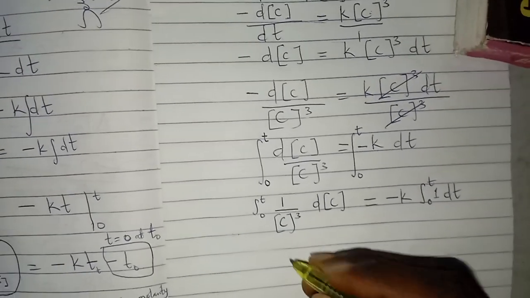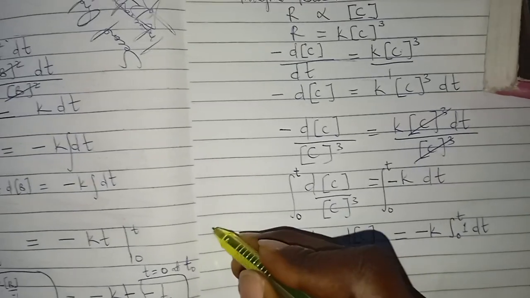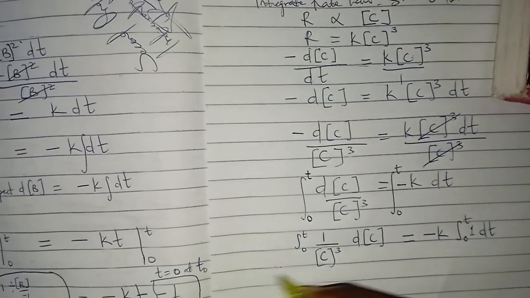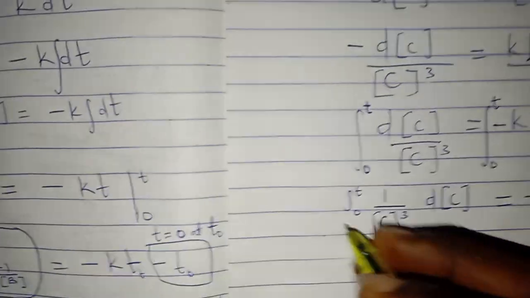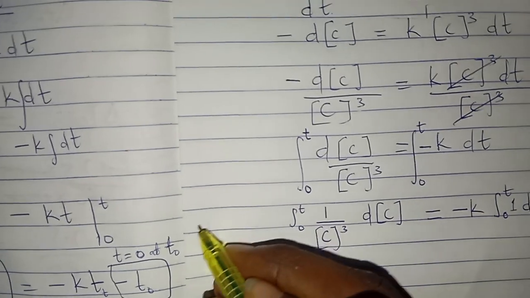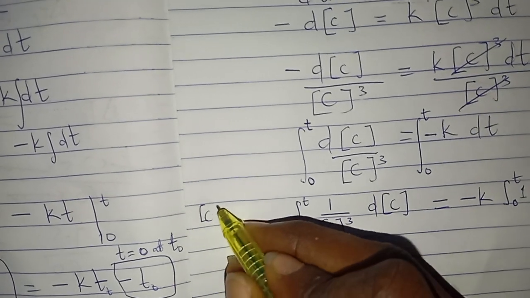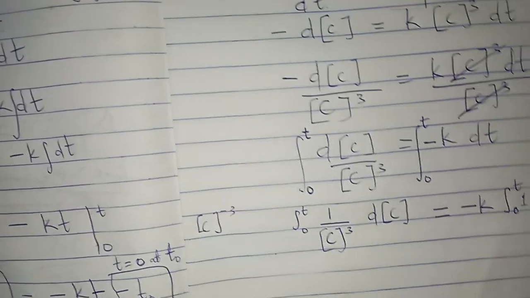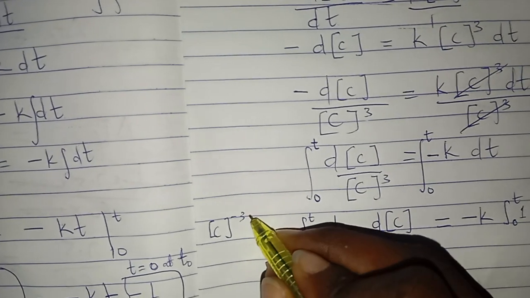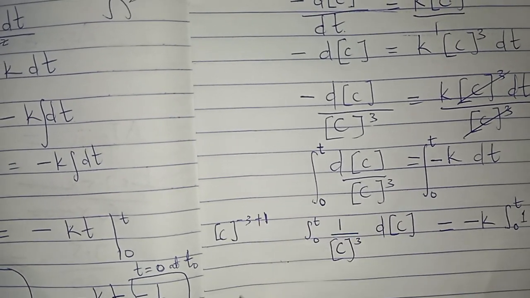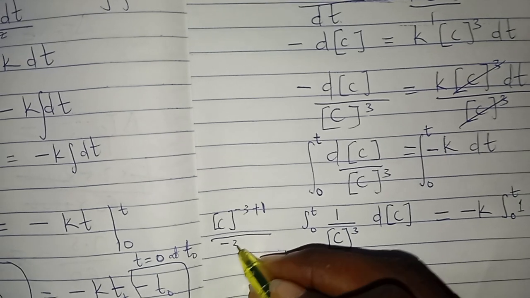So if I integrate this, let me do it one side. If I integrate 1 over C raised to power 3, 1 over C raised to power 3 is the same thing as saying concentration raised to power minus 3. And by integral, we add 1 to it, then divide by the power.